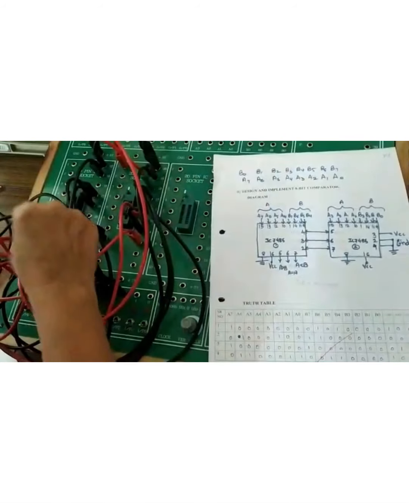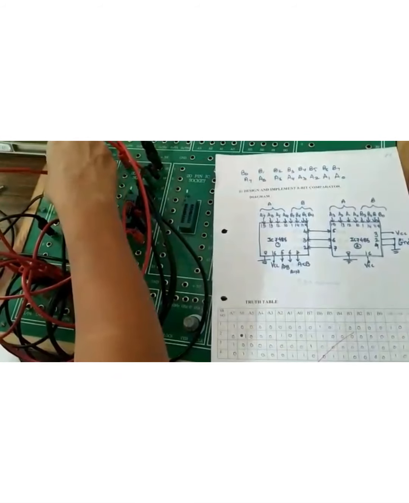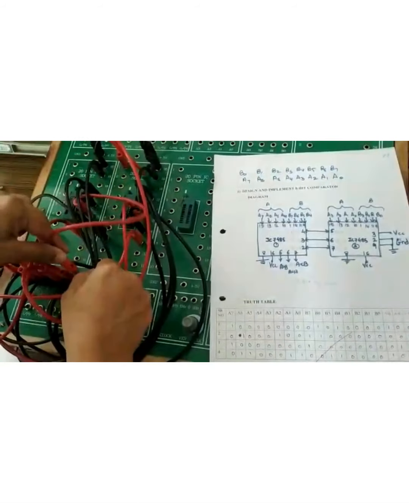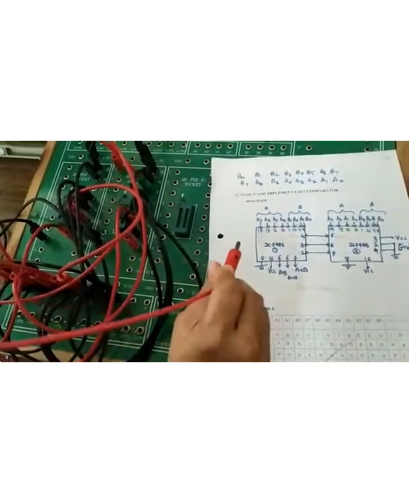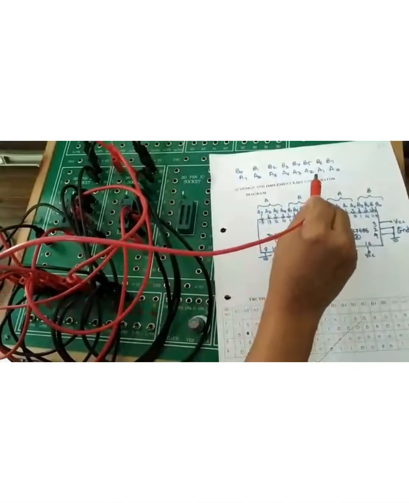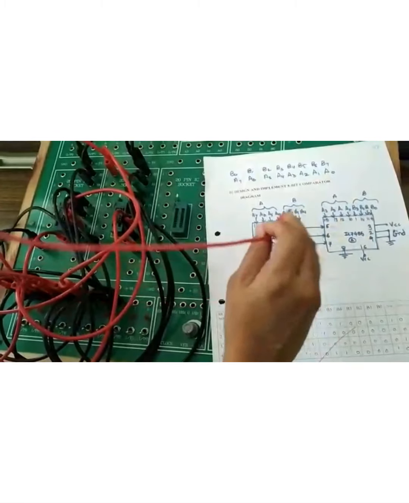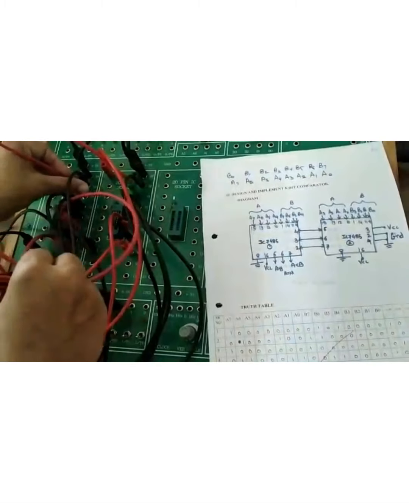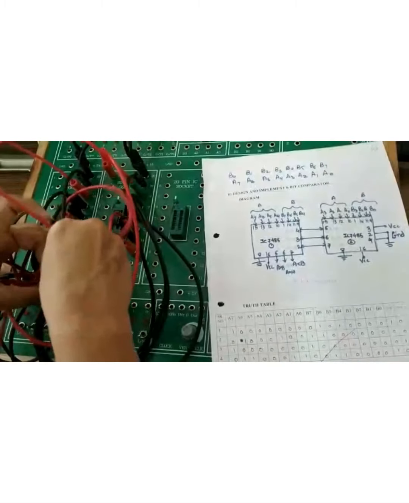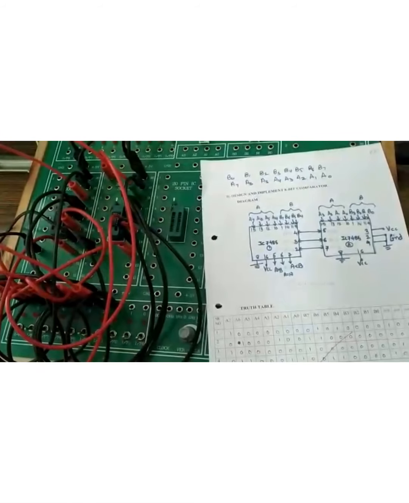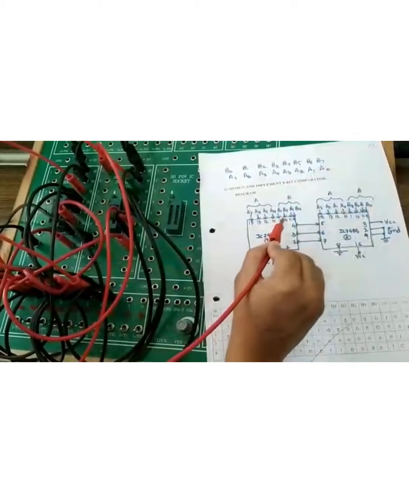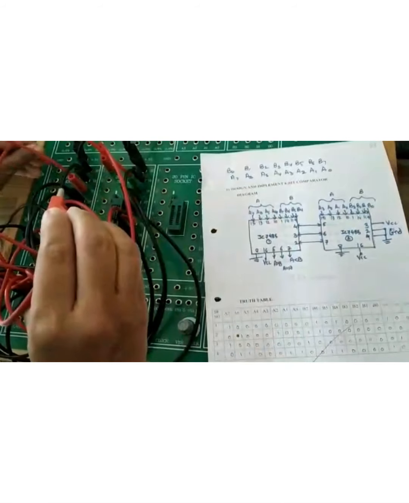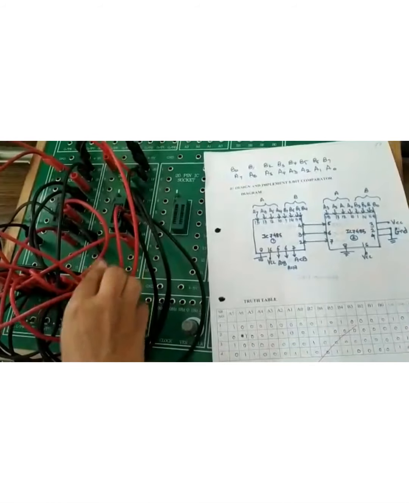Pin number 11, 8, 9, 10, and this is 11, overlapped on A2. Then B6 pin number is 14, so 14 is overlapped on A1. And the last one is B7. B7 is pin number 1 of the first IC, overlapped on A0.